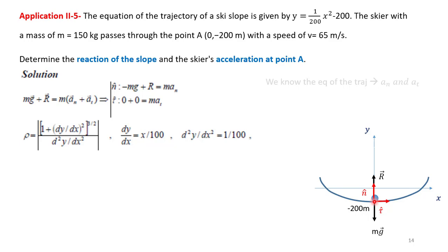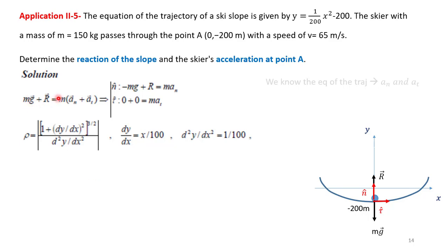So let's draw the tangential unit vector, which is a vector that is tangent to the path in this direction, directed to the right, because the skier is going to the right at A. And the normal unit vector is a vector which is perpendicular to tau, and it's directed toward the center of curvature in this way.